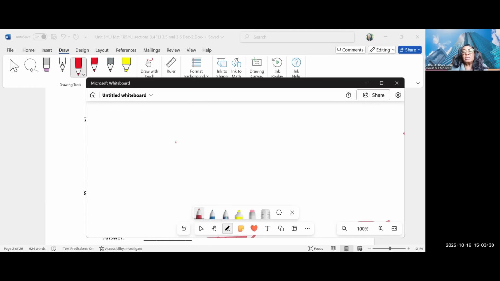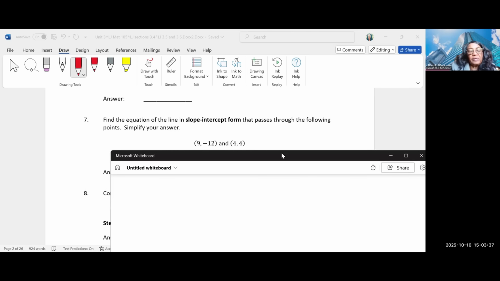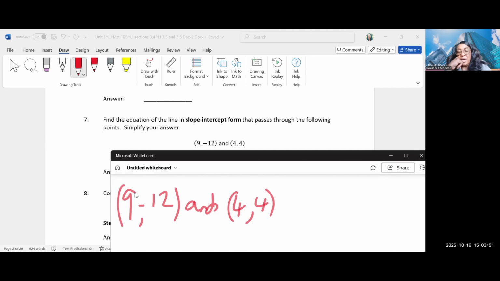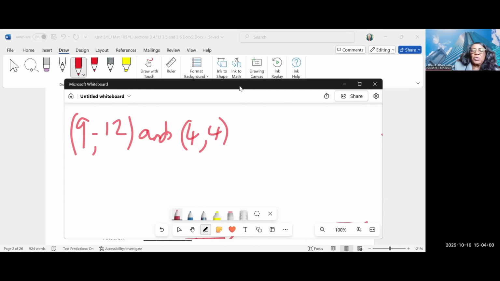So I'll bring down the points: 9, negative 9, and negative 12, 4. The next thing I want to do is find the slope, because they did not give me the slope.